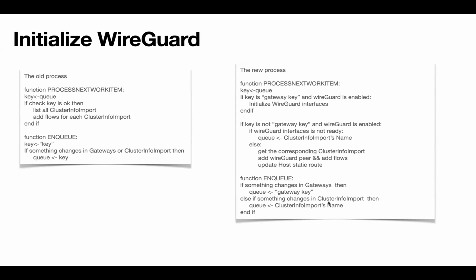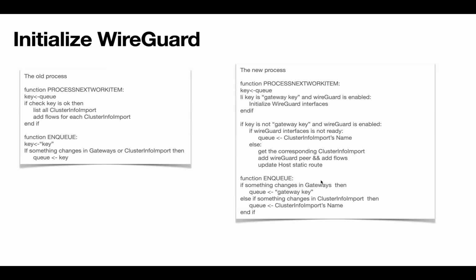It is because we should add peers for each cluster, and sometimes if a remote cluster restarts, or maybe the Antrea multi-cluster controller crashes, the wildcard public key will be regenerated. So we should update the peers. But if we use a dummy key, we would have to list all the cluster info imports every time, and check the peers, add peers and update peers.